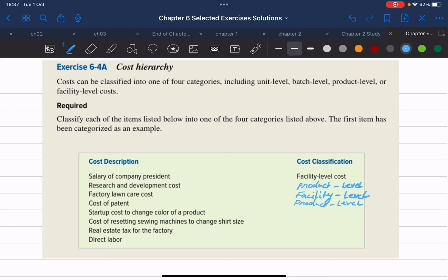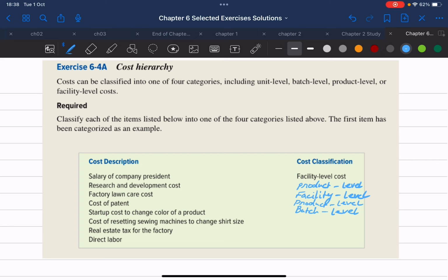So every time you want to produce a group or a batch of the same color, you might need to set up that equipment or that machinery and have it ready to produce that certain variation of your product. Let's say we're going to produce the red markers, right? So here, this is similar. Startup cost to change the color of the product, that would definitely be a batch level cost, right? A batch level cost.